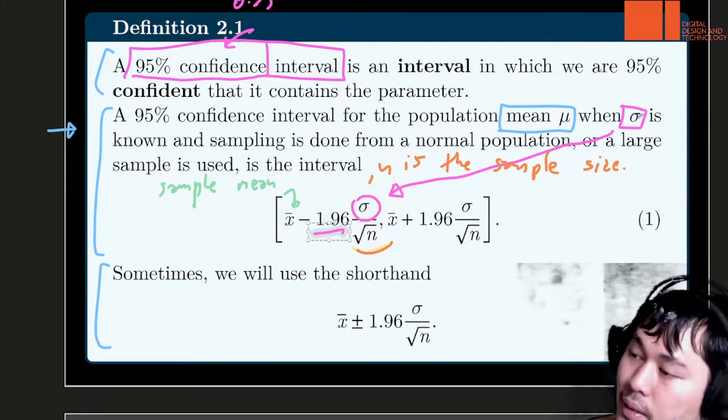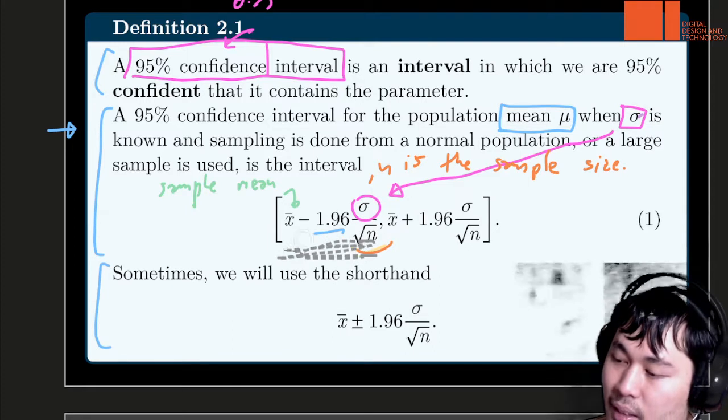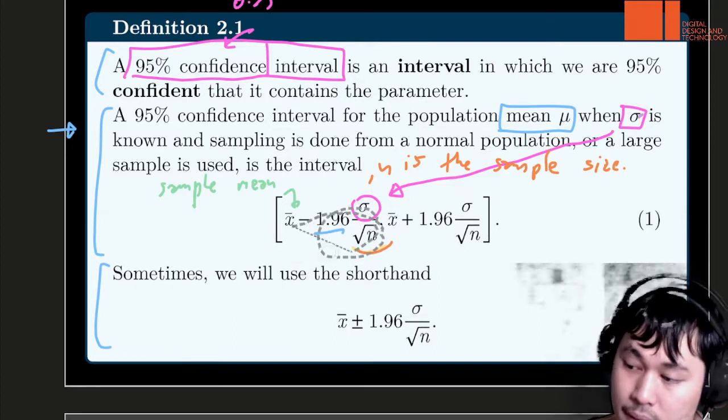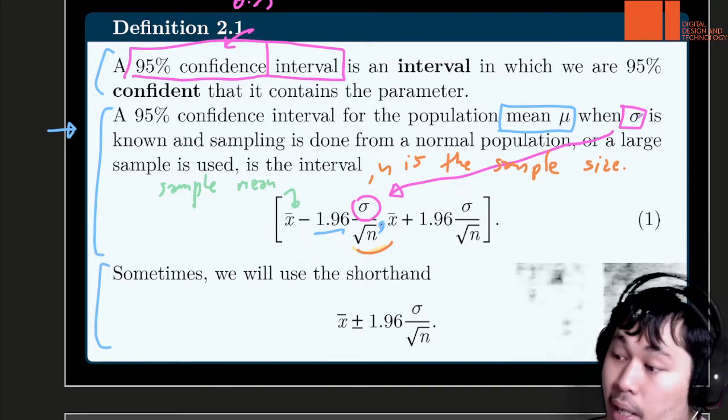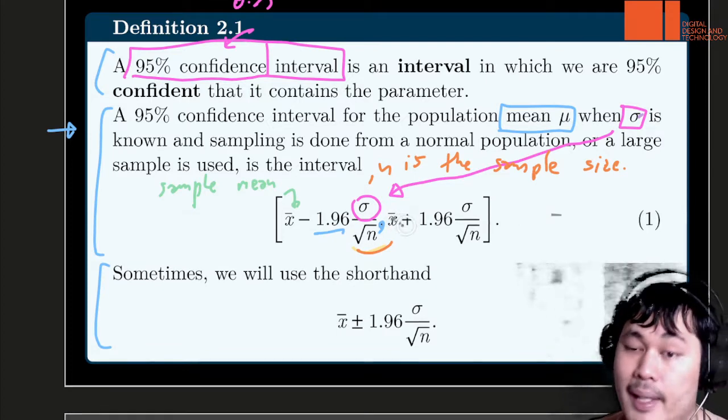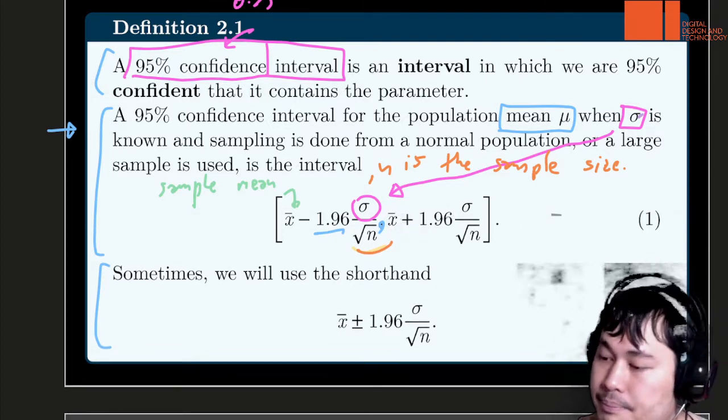And there are two numbers here. The lower end, the left endpoint, is x bar minus this number, and the upper end, the right endpoint, is x bar plus that number.